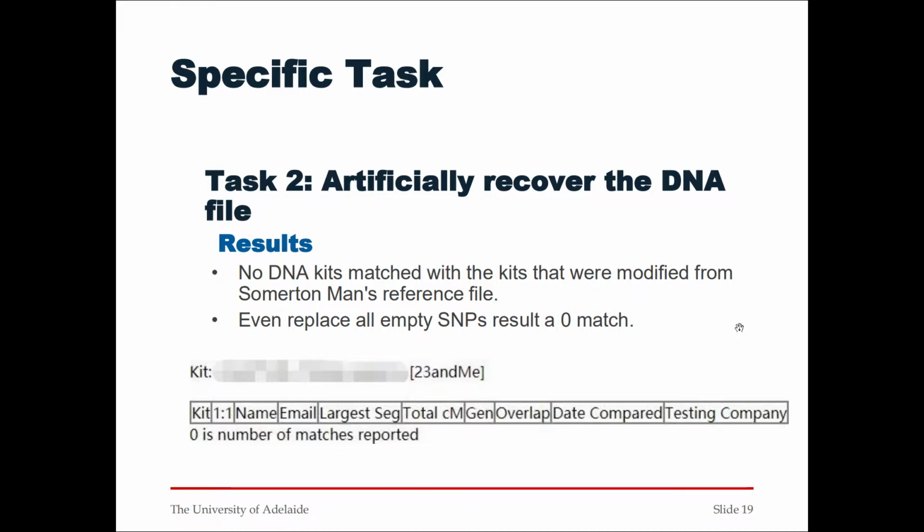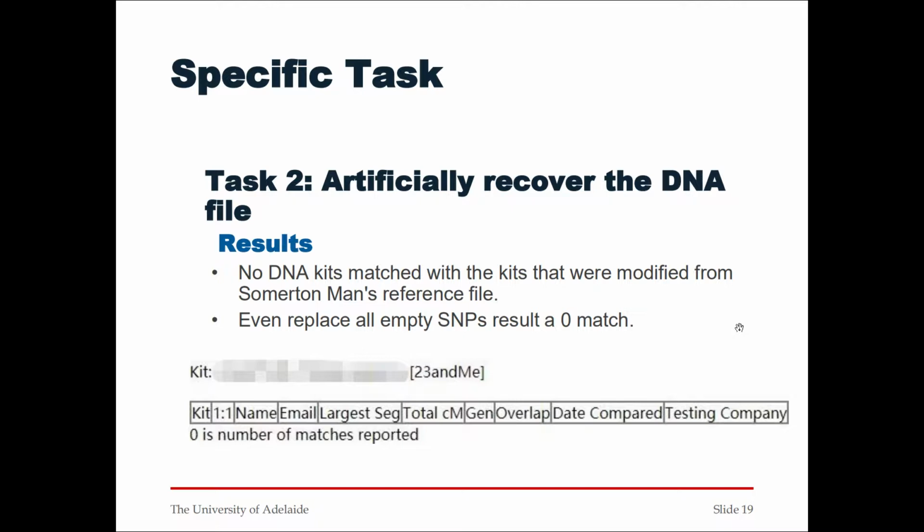As a result, there was no DNA kit found in the database related to the Somerton Man's DNA files. We first recovered the file to 2000 SNPs in each chromosome, and the result was 0.